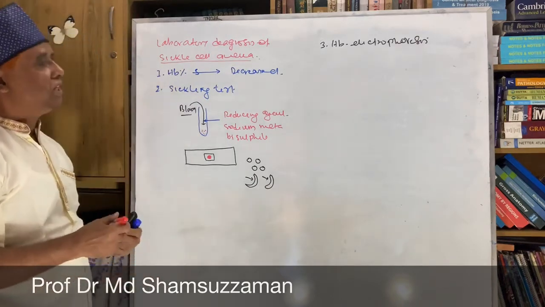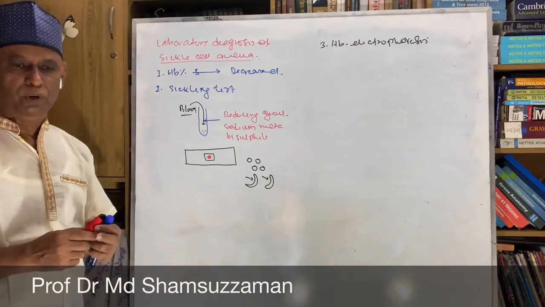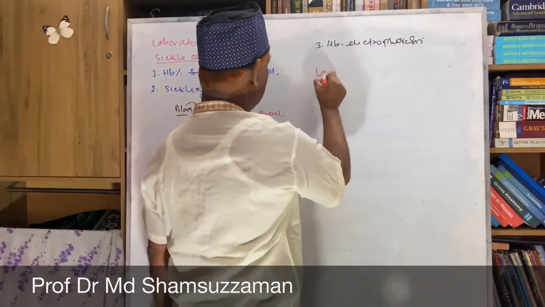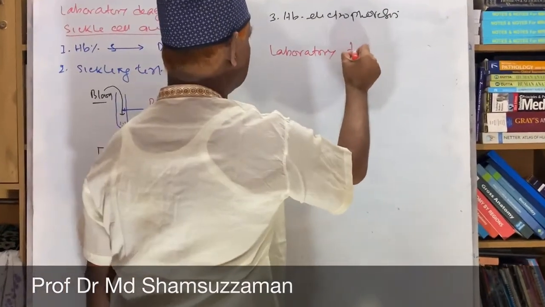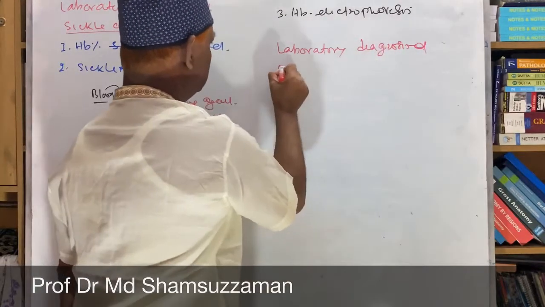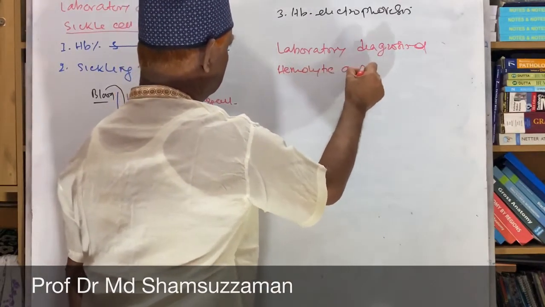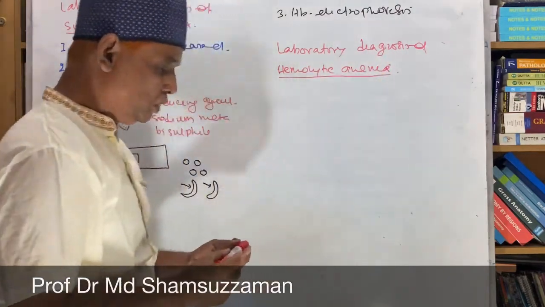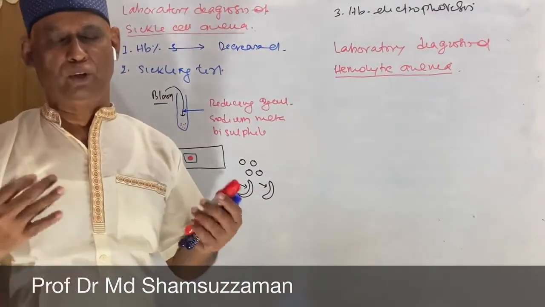So, in a nutshell, I want to say about the laboratory diagnosis of hemolytic anemia. Now come to laboratory diagnosis of hemolytic anemia. Dear audience, I have told you hemolytic anemia may be of two types: intracorpuscular defect and extracorpuscular defect.